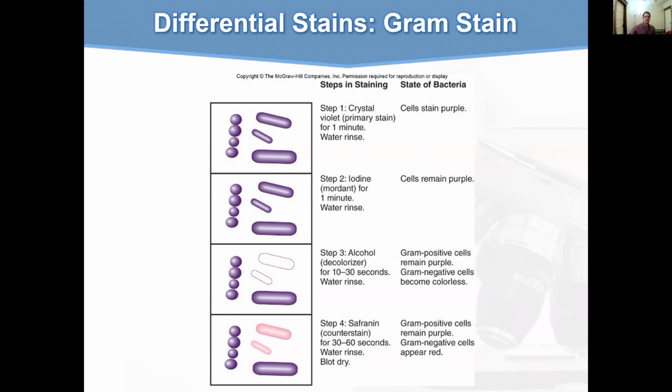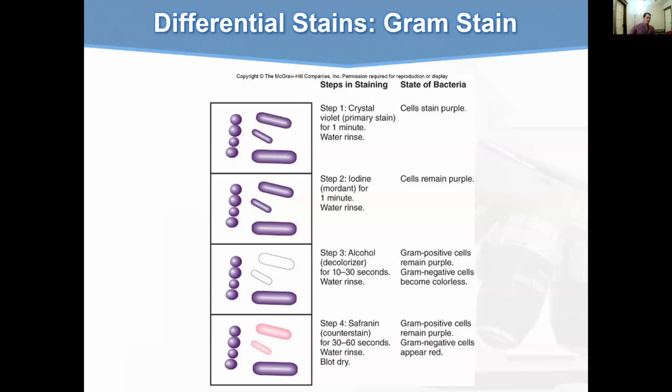Remember, thick layer. Gram-negative cells have a thin layer of peptidoglycan that allows the crystal violet to wash out when you add ethanol, and they are then stained pink by the counterstain, which is usually safranin. This technique is usually the first step in identifying a bacterial organism.